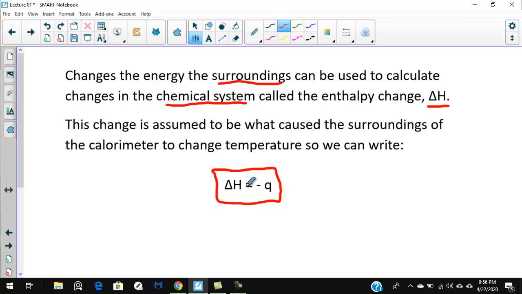So what we're saying is, if the Q gained energy and was positive, then the enthalpy for that reaction has to be negative, indicating that those chemicals, the NaOH, lost some energy. So we can quickly make a switch from Q, quantity of heat absorbed by the calorimeter, to delta H, quantity of energy that was released by the chemical reaction, simply by setting the two equal to each other but changing the sign. Okay?